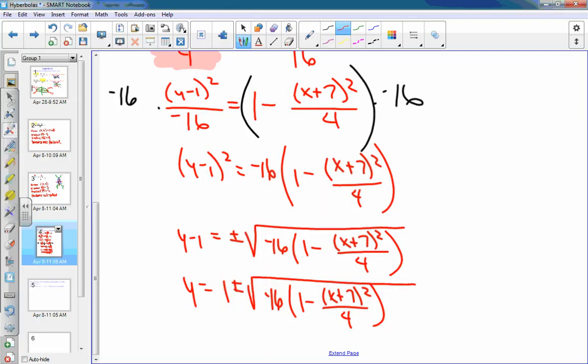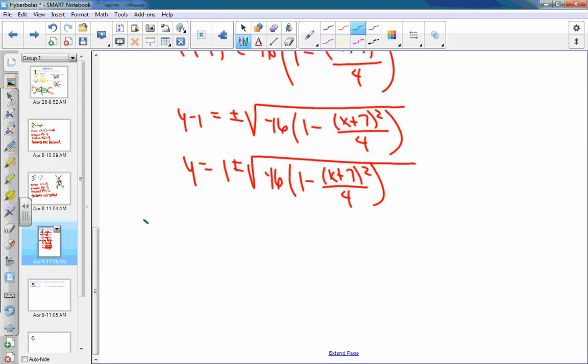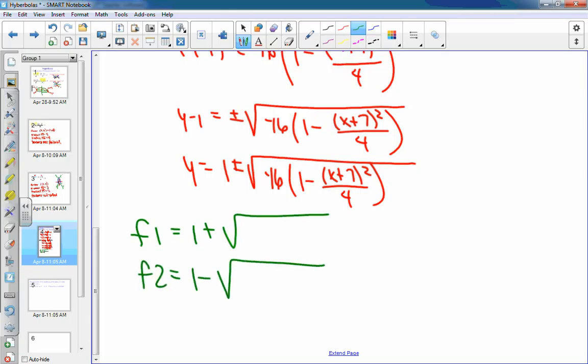Now, you have 2 parts of this. You have the positive portion and you have the negative portion. Do we all understand that? So you would actually have to do 2 things. You'd have to put f1 equals 1 plus that junk, and then f2 would equal 1 minus that junk. You with me? So you'd have to put this into 2 functions, or you could make a piecewise function.